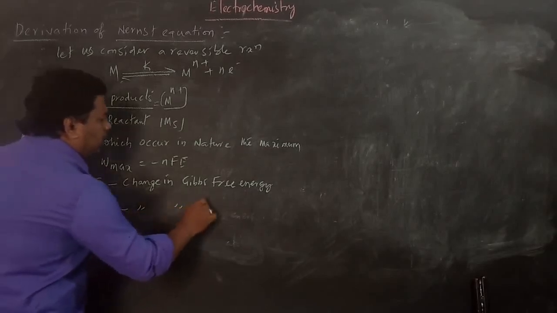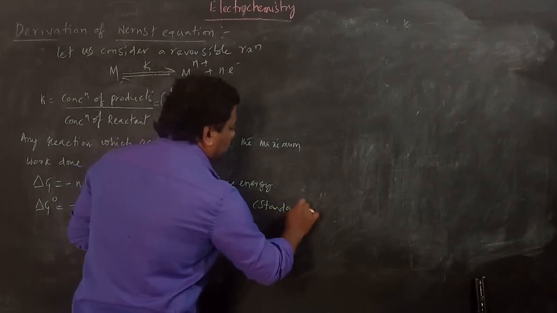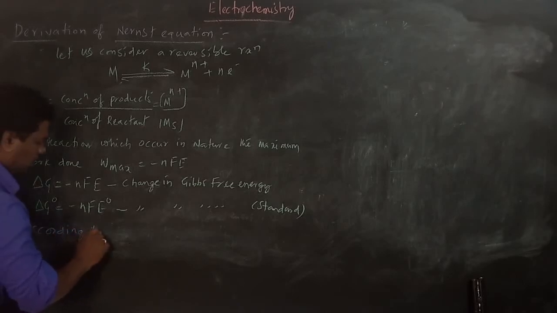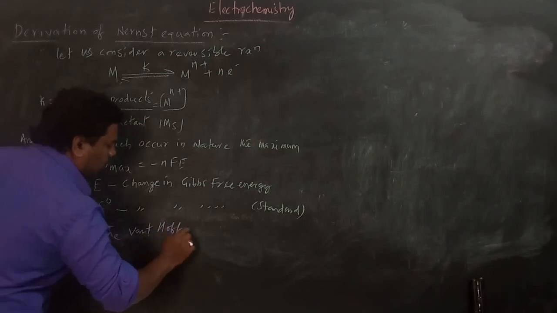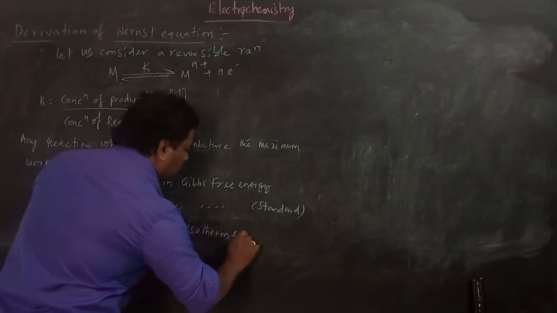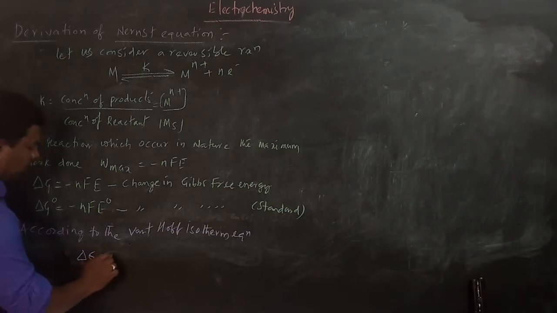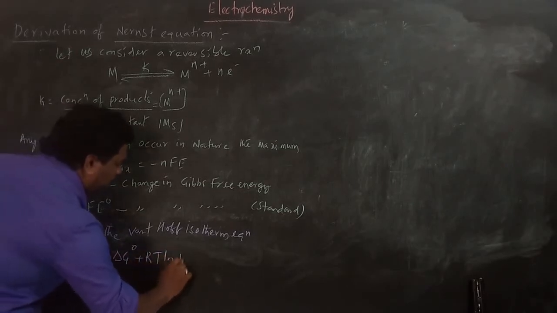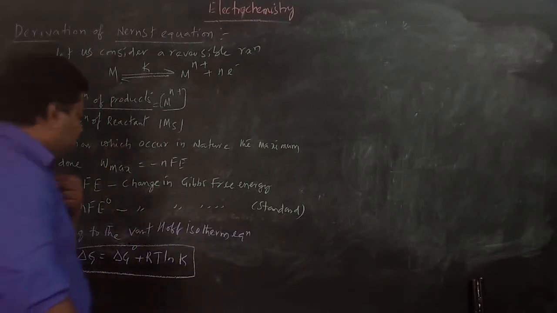Change in Gibbs free energy, standard. According to the Van 't Hoff isotherm equation, delta G is equal to delta G naught plus RT ln K. So this is the Van 't Hoff isotherm equation.